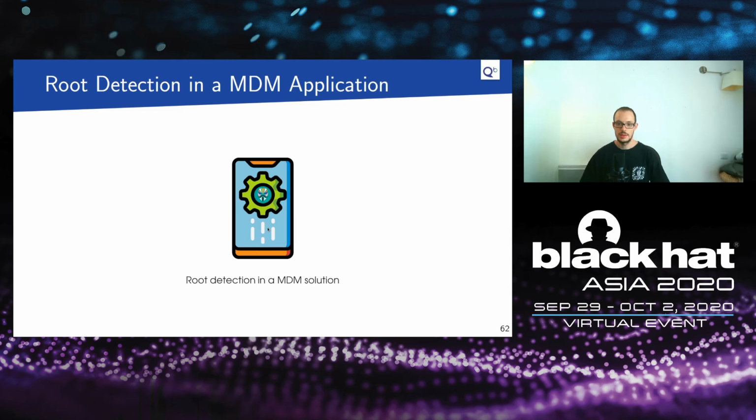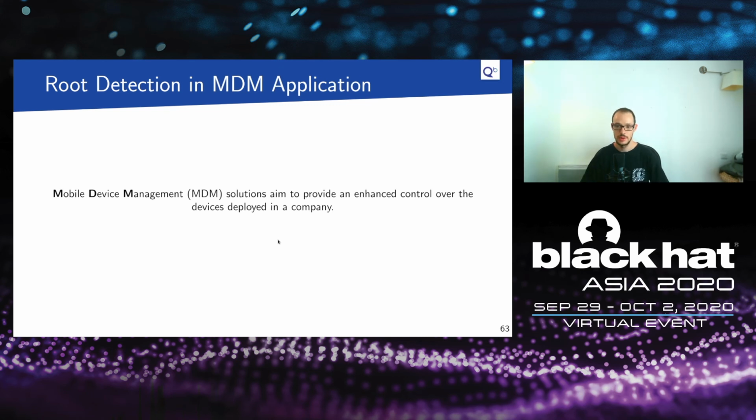Another example is within an MDM solution. MDM solutions aim to provide control over a set of devices that are deployed within a company. Basically, there is an admin user that is able to control, for instance, which packages are allowed to be installed on the device, which are not, and so on.